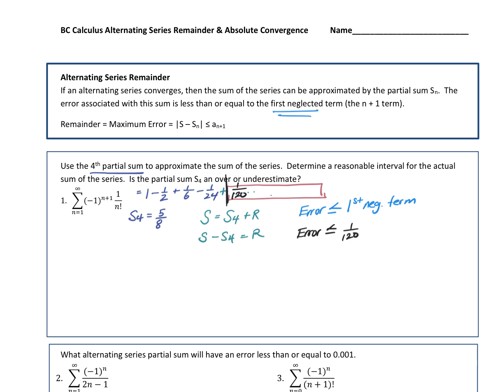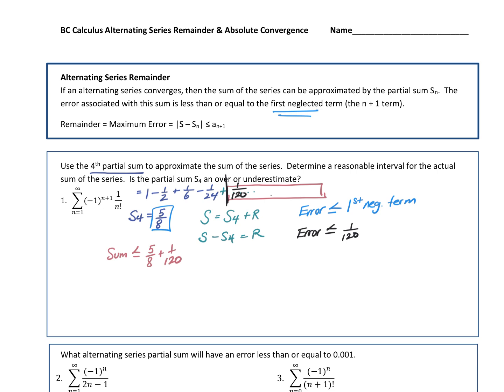That means my sum, worst case scenario, is off by 1 over 120. So we can bound it on the top and on the bottom. I could say my sum would be less than or equal to 5/8 plus 1/120.